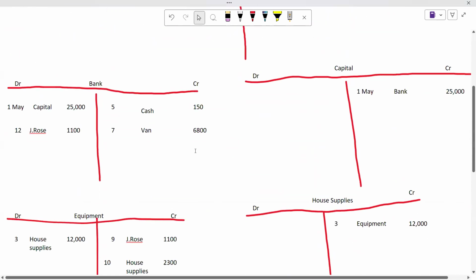Here is the bank account. 4,300, reason being van, it happened on 15th. Yep, looks good. So you see we've got like so many transactions in the bank account.